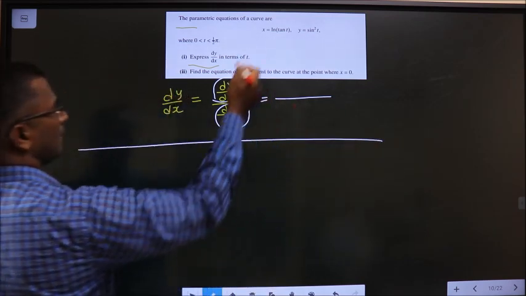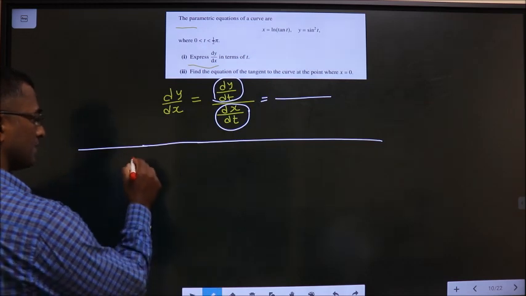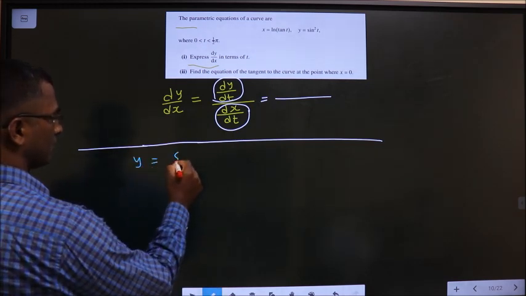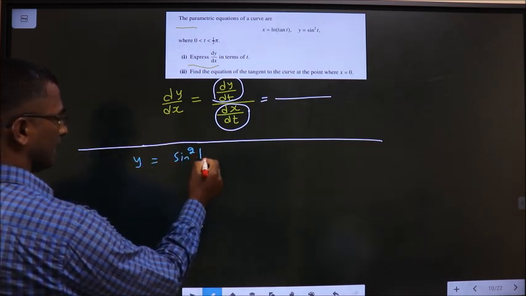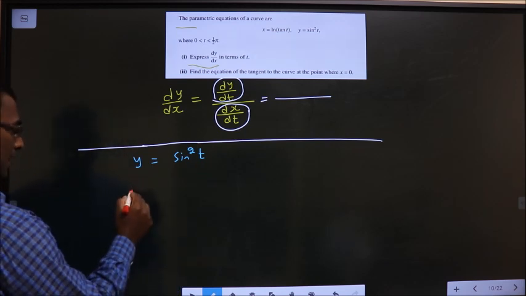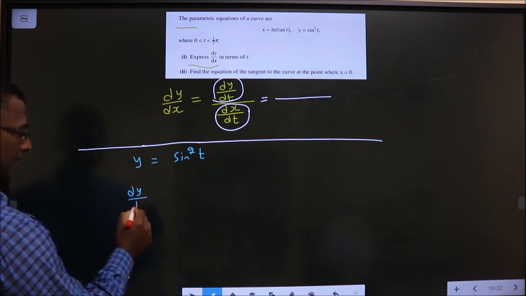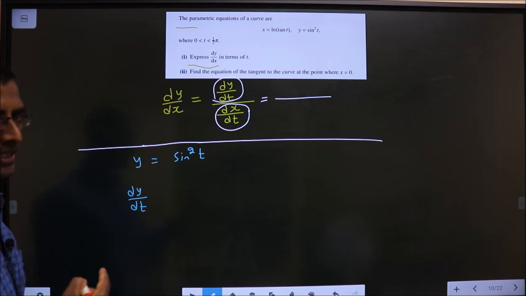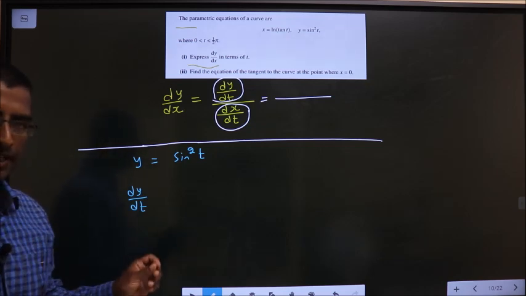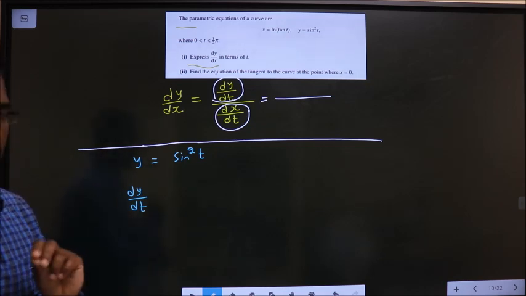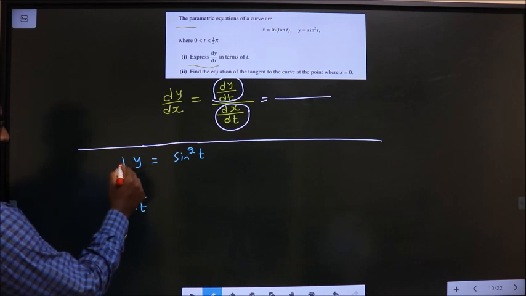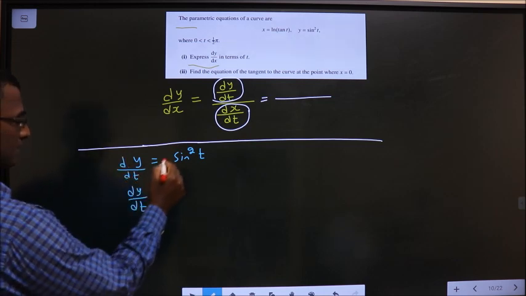First, y. Given is y equal to sin square t. Now, I should get dy by dt, and that I can only get if I differentiate on both sides. What I mean is, take d by dt on both sides.